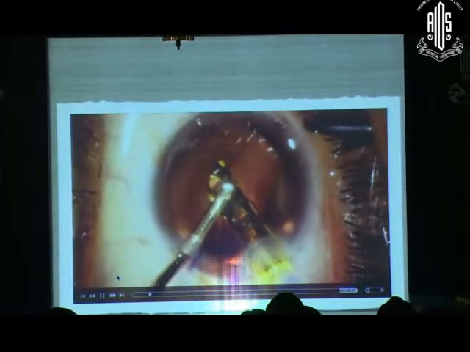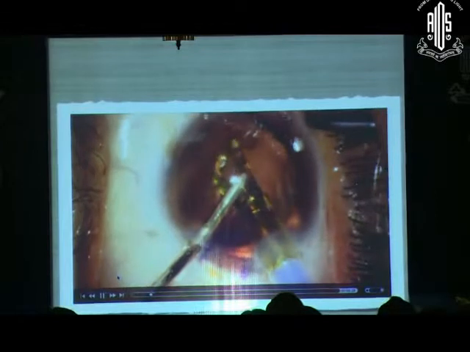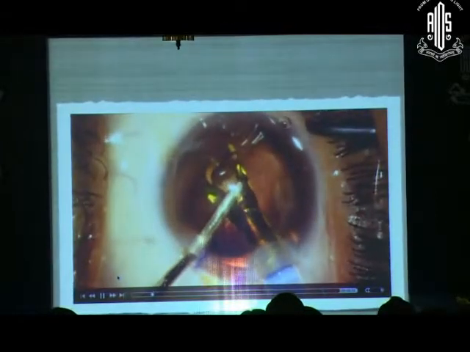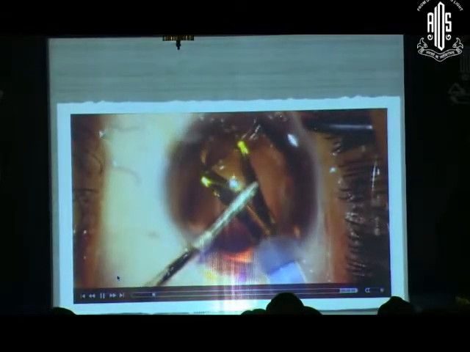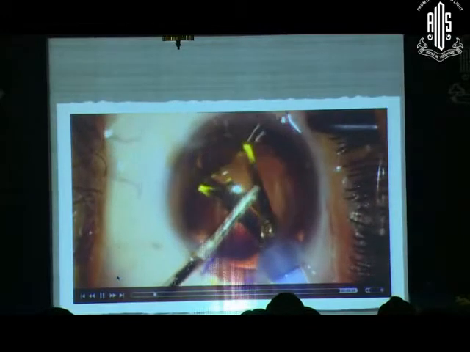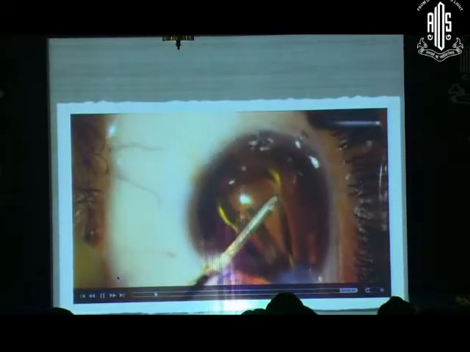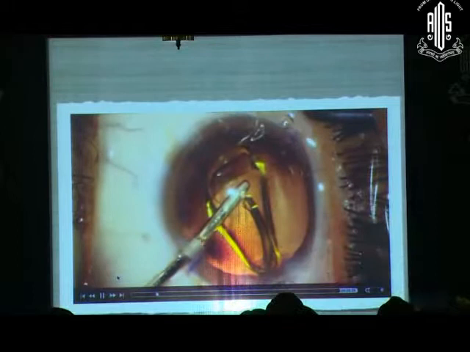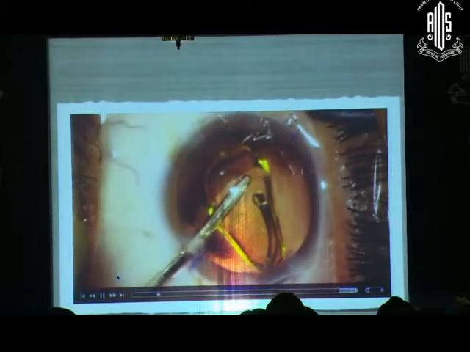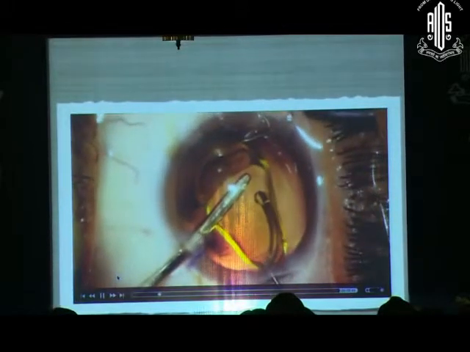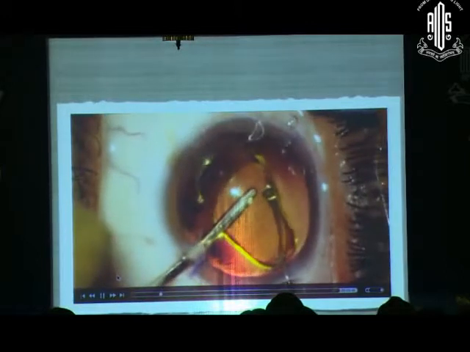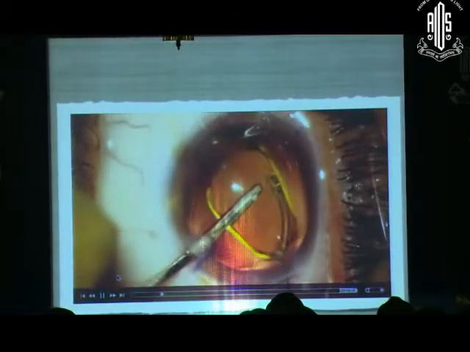Your capsulorhexis has to be of 5.25 millimeter, perfect size, so that it covers the IOL optic completely. This hydroimplantation technique is very useful for toric IOLs. This technique was published in JCRS 2010.